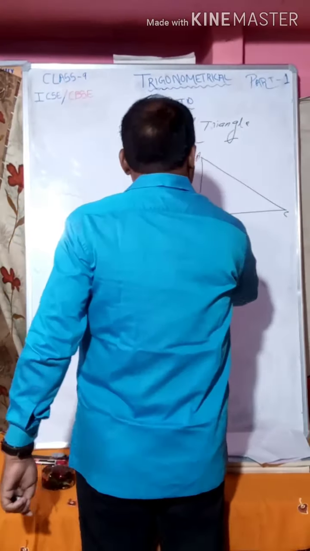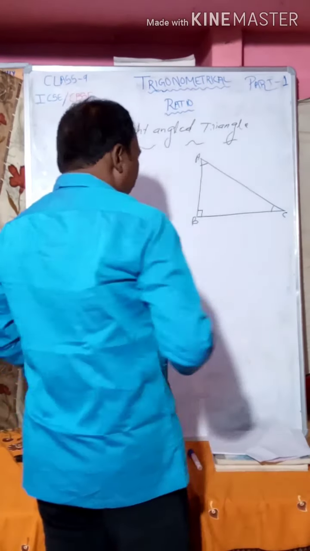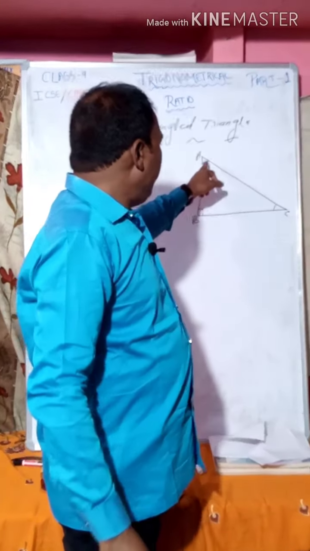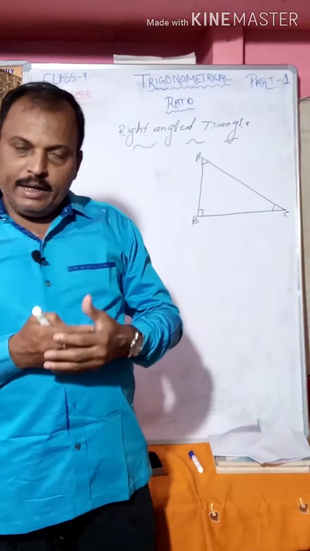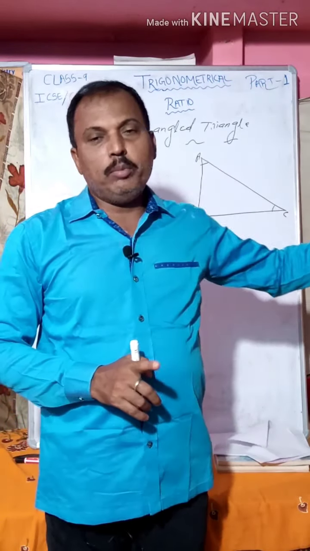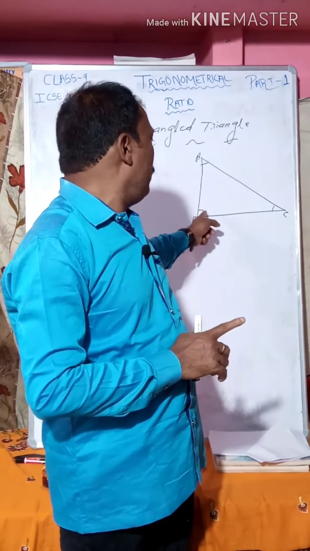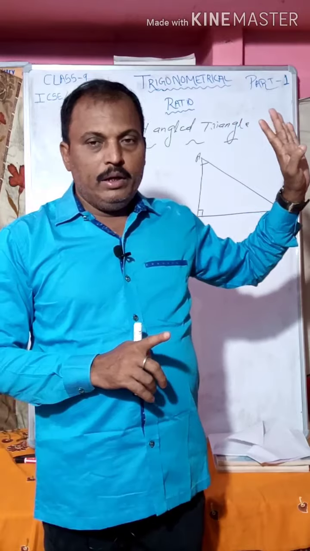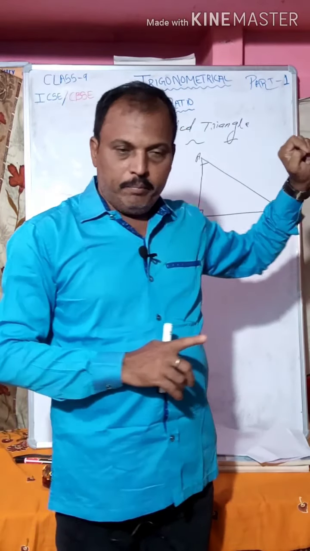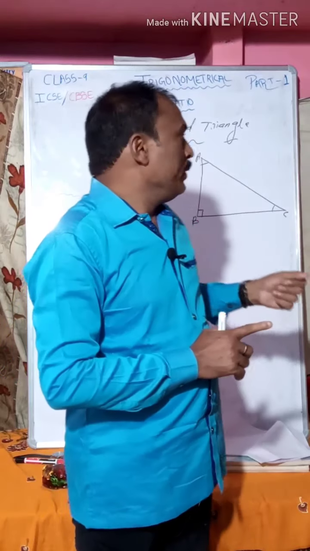Take this as 90 degrees. The sum of the 3 angles of a triangle is 180 degrees. If one is 90 degrees, the sum of the other 2 angles will be 90 degrees. Means each angle other than the 90 degrees is an acute angle. So trigonometry always follows acute angles.